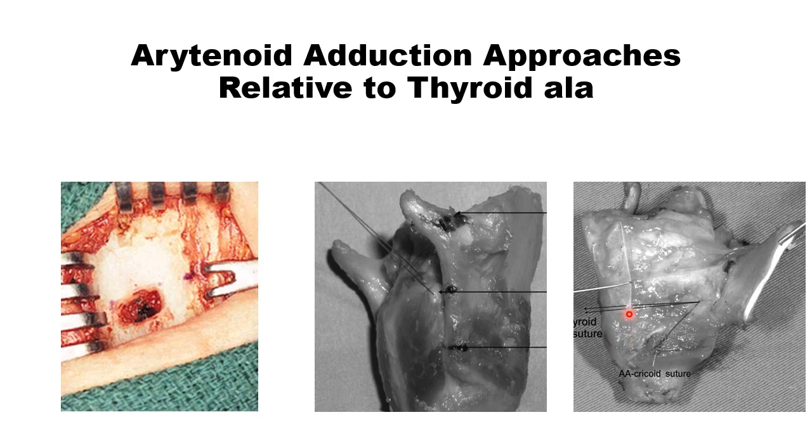The thyroid ala was incised here on one side, a few millimeters away from the anterior edge of the ala, and once it is incised, it's reflected laterally, and this would expose the paraglottic space, and after some dissection you could see the arytenoid in here posteriorly and inferiorly with its muscular process, and you can attach sutures on this muscular process in the direction of the thyroarytenoid muscle or the direction of the cricoarytenoid muscle.